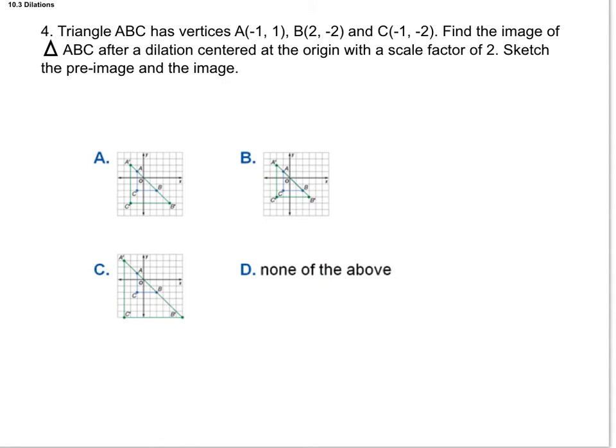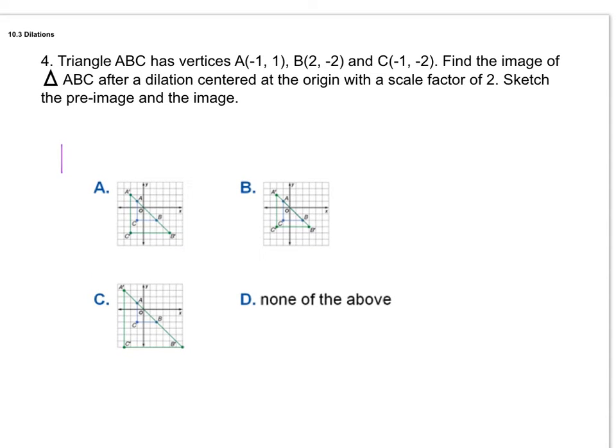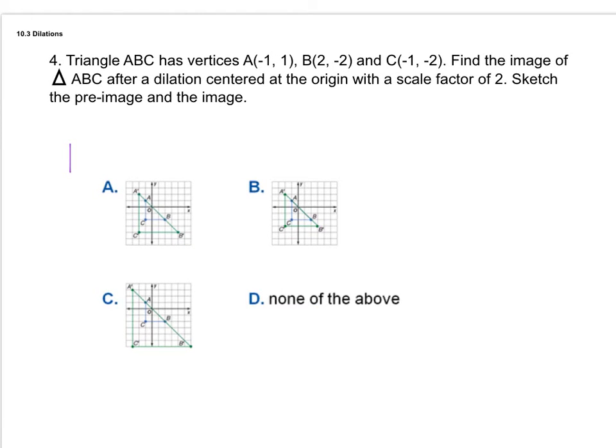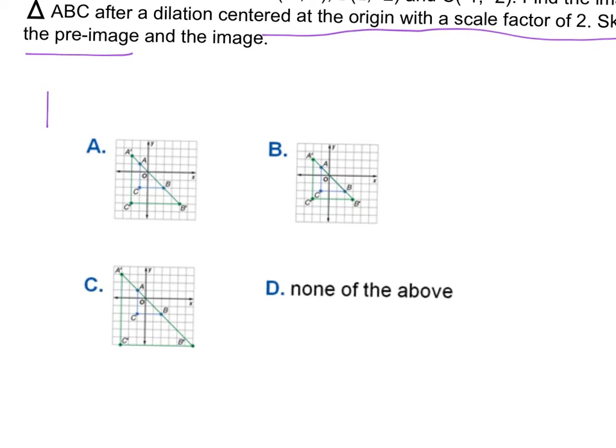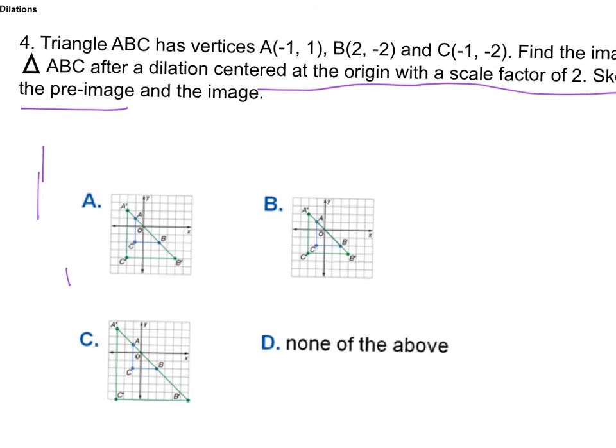Okay, so last one, triangle ABC has vertices -1, 1, 2, -2, and -1, -2. Find the image of ABC after dilation centered at the origin with a scale factor of 2. Sketch a pre-image and the image. So now if I look, A is my pre-image, so I've got to find -1, 1, 2, -2, and -1, -2.